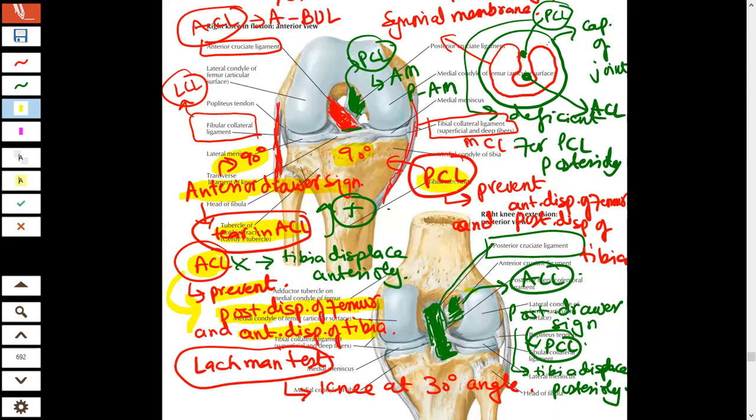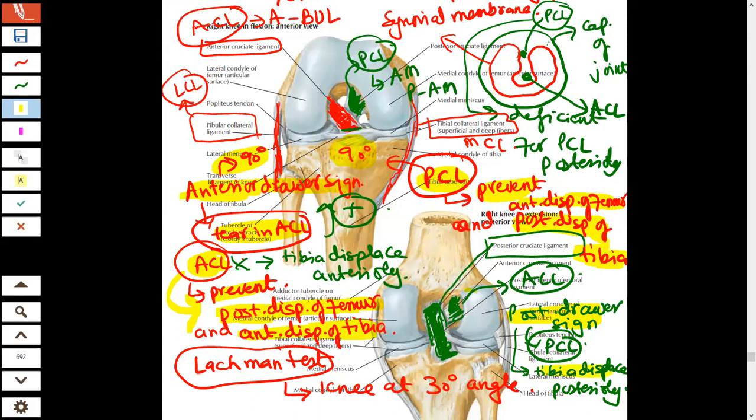Now coming to the PCL. PCL is your posterior cruciate ligament. And what is the function of PCL? It will prevent anterior displacement of femur and posterior displacement of tibia. So the work of PCL is to prevent this. What to prevent? Posterior displacement of the tibia. So if you want to check posterior drawer sign, again you are going to bend the knee at a 90-degree angle, and now you are going to displace the tibia posteriorly.